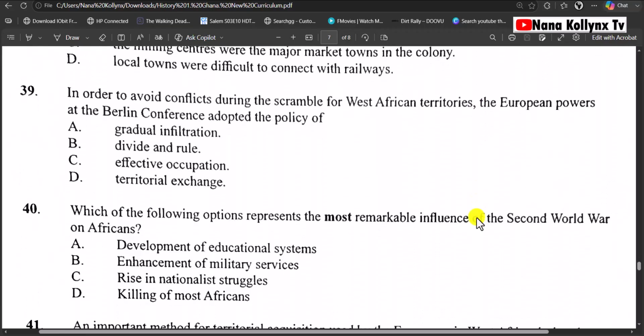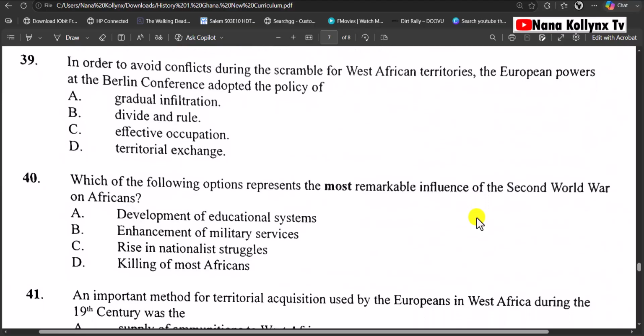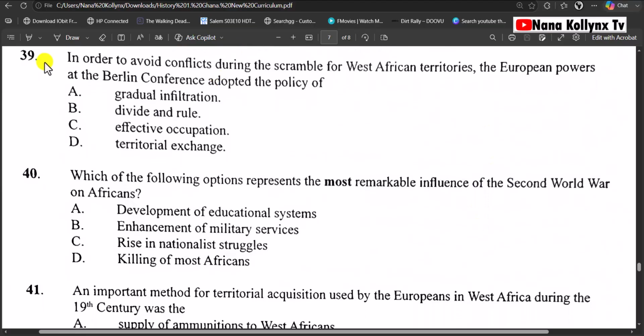Let's move to 39. Number 39. In order to avoid conflicts during the scramble for West African territories, the European powers at the Berlin Conference adopted the policy of. Number 40.